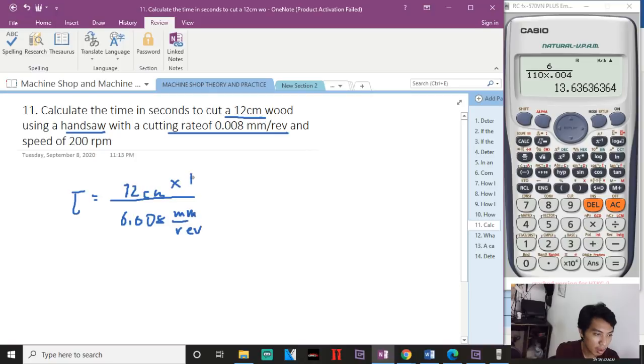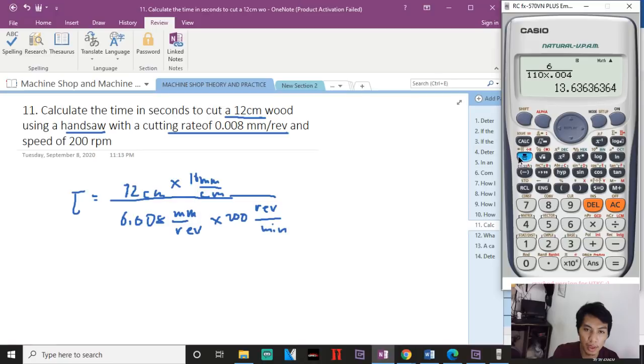Multiply ko na, 10 mm per cm, over, times ko, 200 revolutions per minute. Okay, so that will be 120 kasi 12 times 10. 10 mm is 1 cm. 0.008 times 200. In minutes, 75 minutes.